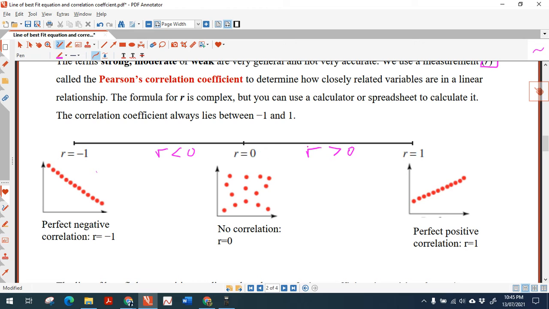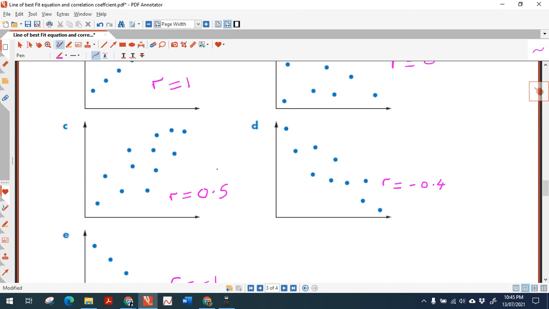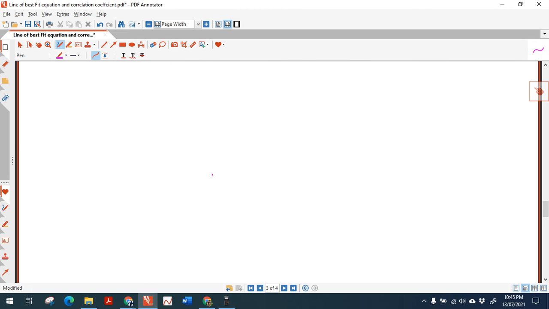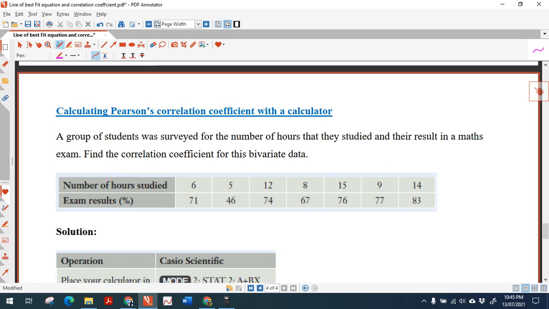As we get closer to 1 or -1, you'll find that the points start lining up more on a straight line. So the correlation coefficient really tells you how closely the points lie in regard to the straight line.